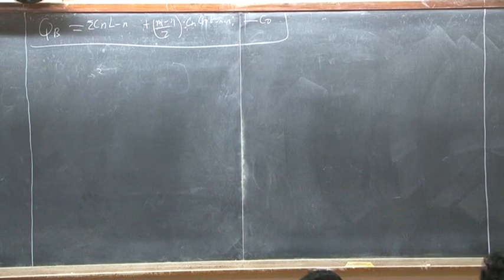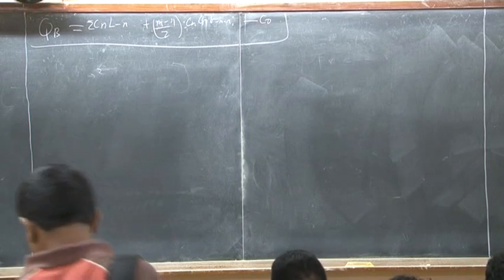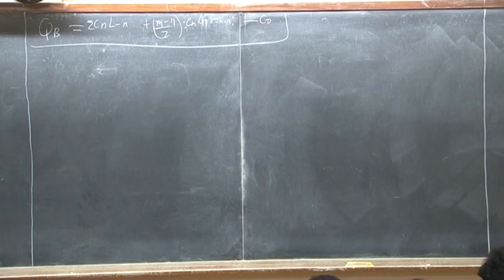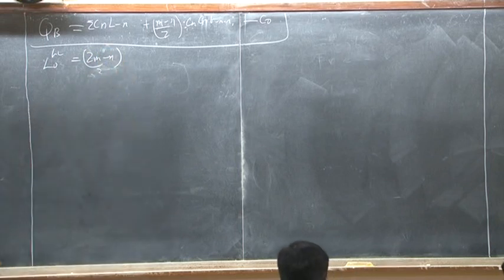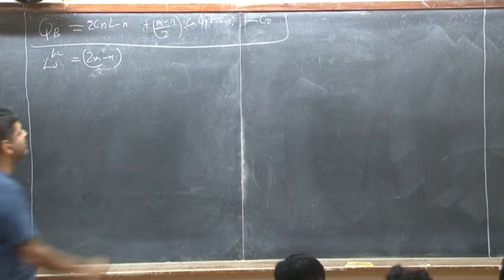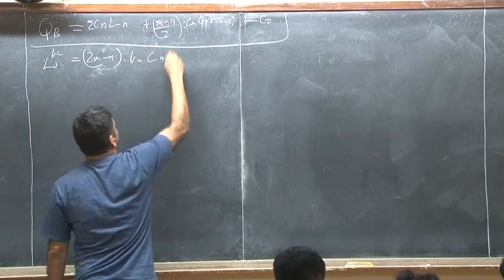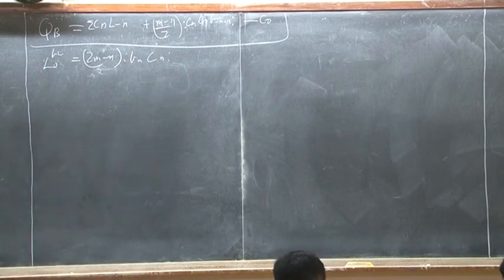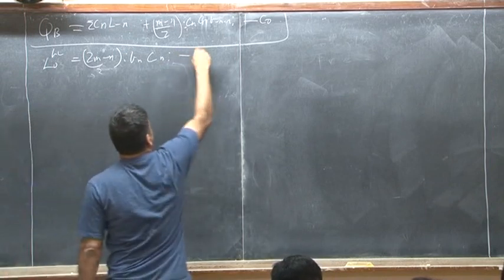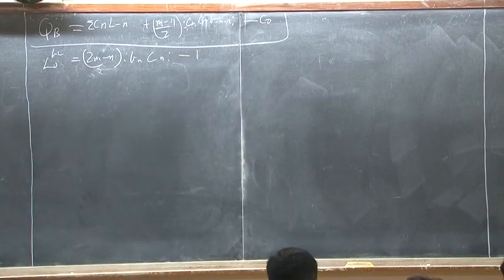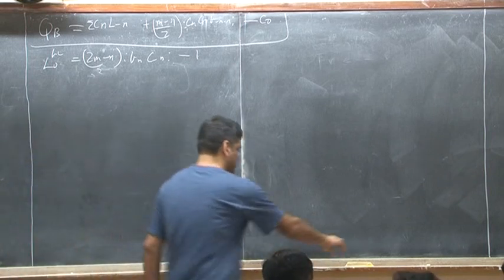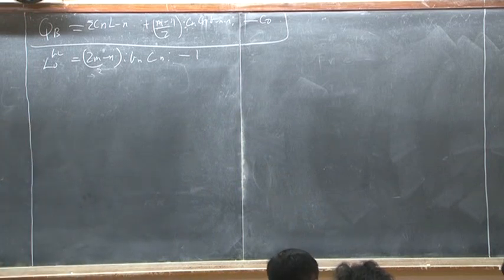L_0^{BC} is equal to the sum of (2n - n) B_n C_{-n}... sorry, just minus n.